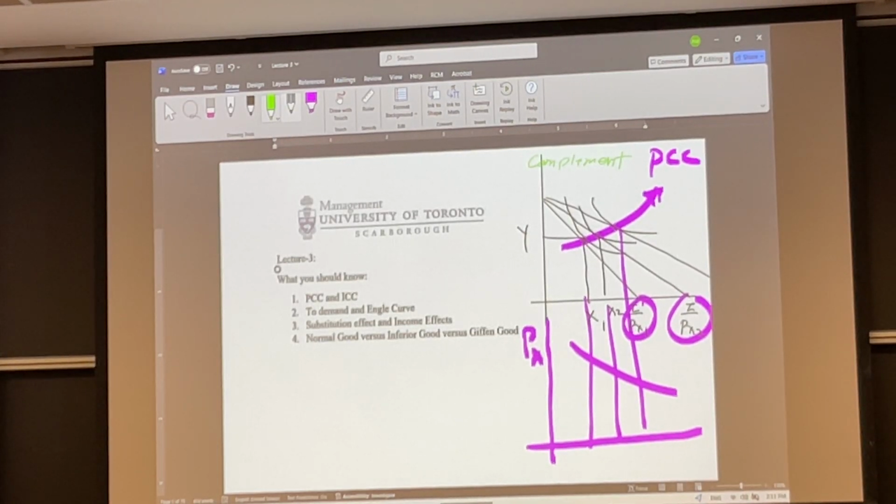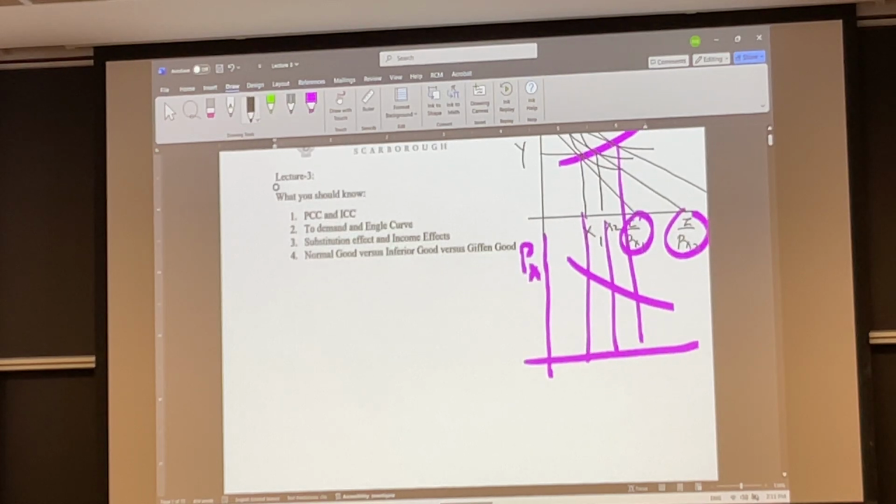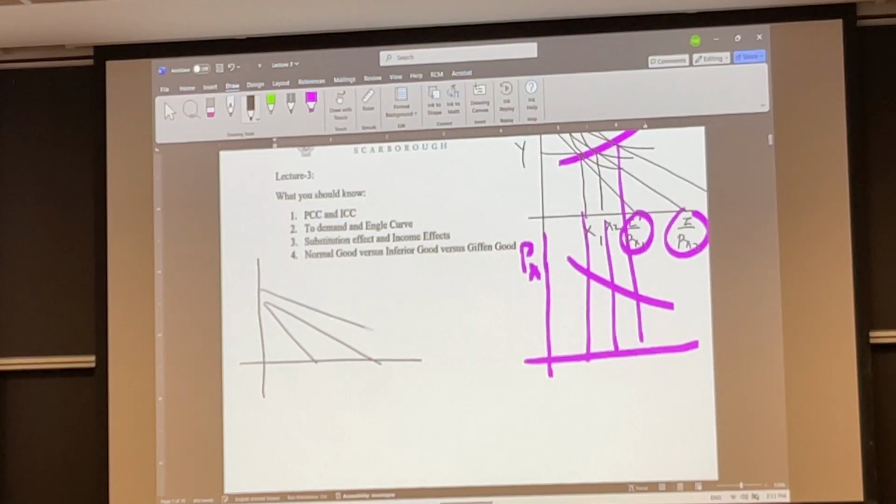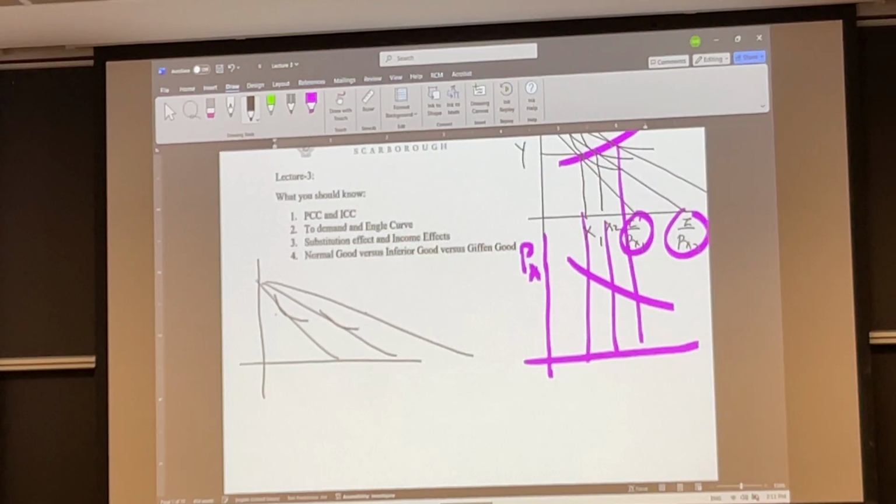You don't have to be. You can have a price consumption curve that looks like this. I'm reducing the price, and the consumer consumes on this line. Because of the downward sloping price consumption curve, you still get downward sloping demand.